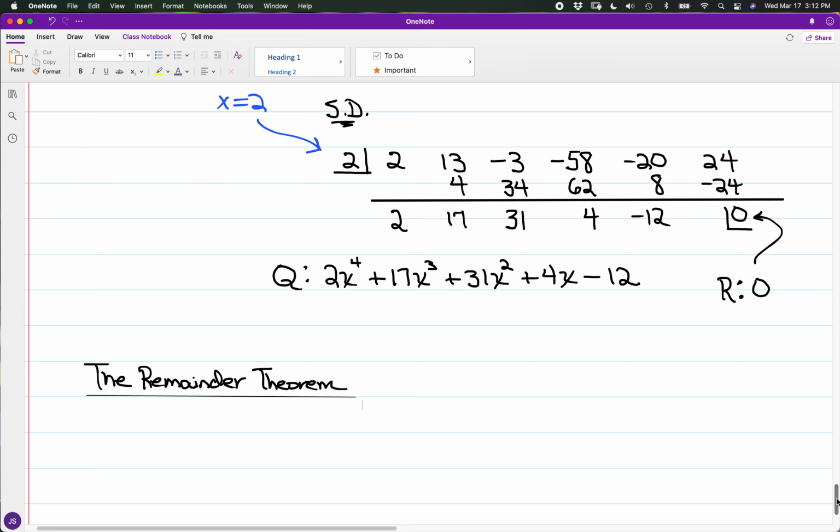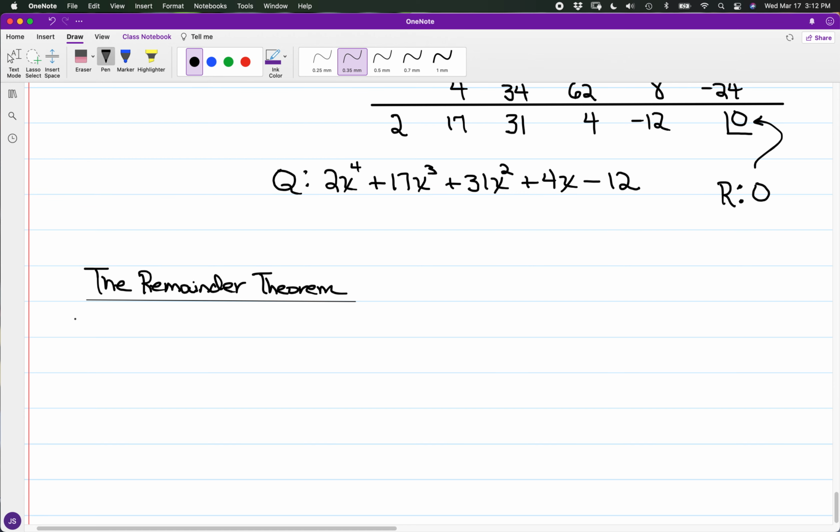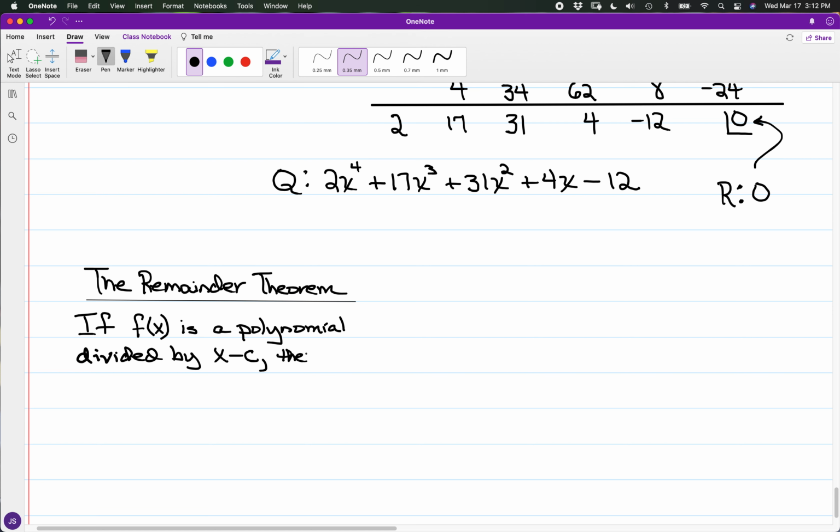So if we have a polynomial f of x, and f of x is divided by x minus c, then the remainder will be f of c.